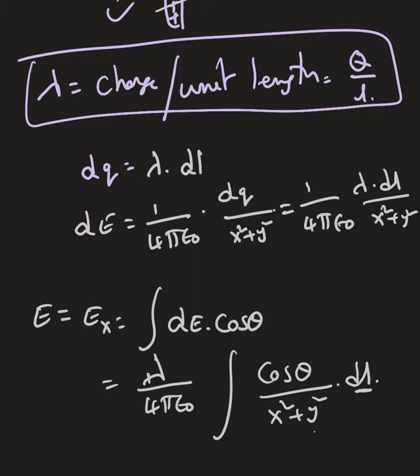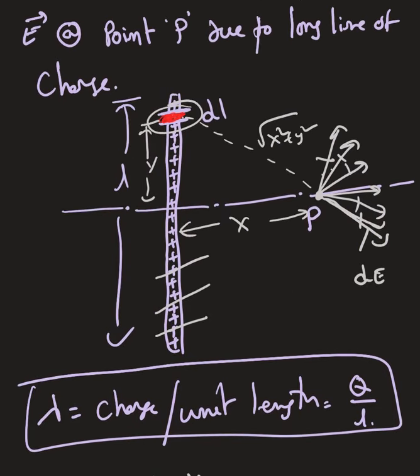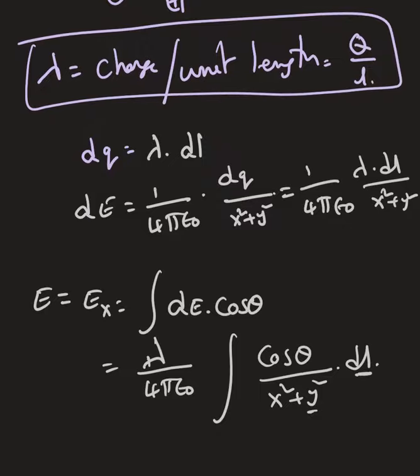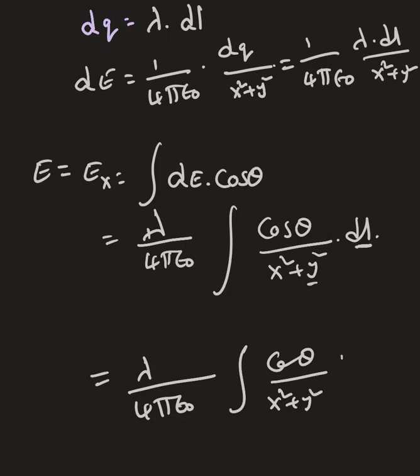Now l is the length, y is also length, so it's not going to make any difference if I change l into y, because l and y are the same components along the y-axis. So lambda over 4 pi epsilon naught integral of cos theta over x square plus y square times dy.